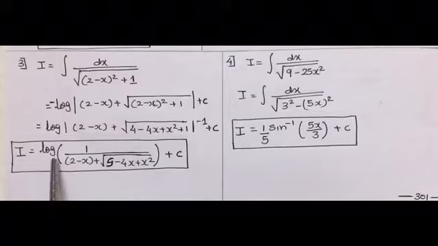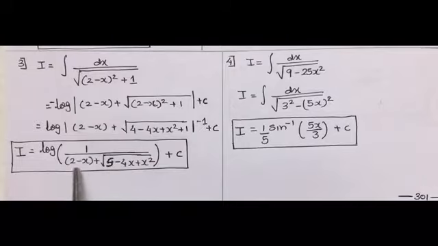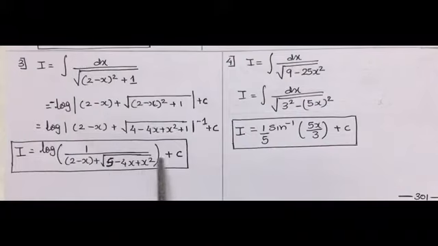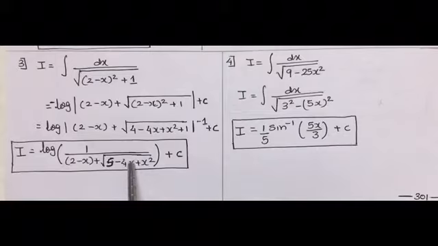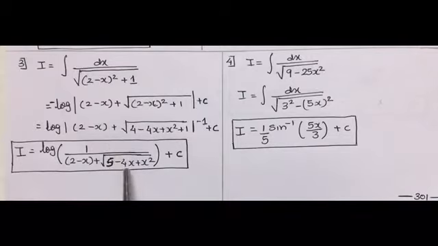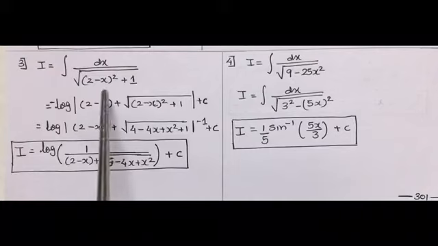Hence I is equal to log of 1 upon 2 minus x plus under root 5 minus 4x plus x square plus c. Very tactfully we have to take the standard integration, substitute the values of x and a, and if needed we need to simplify, otherwise we can keep it as it is as per the question given.